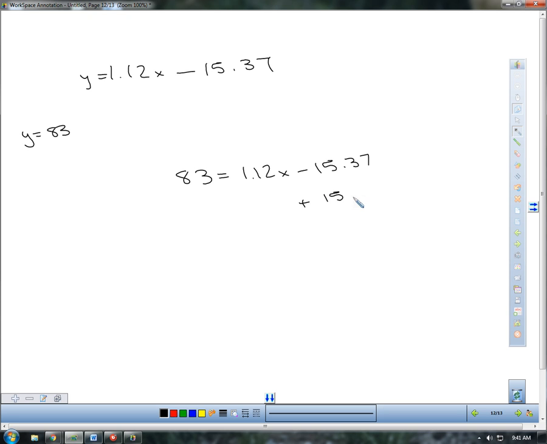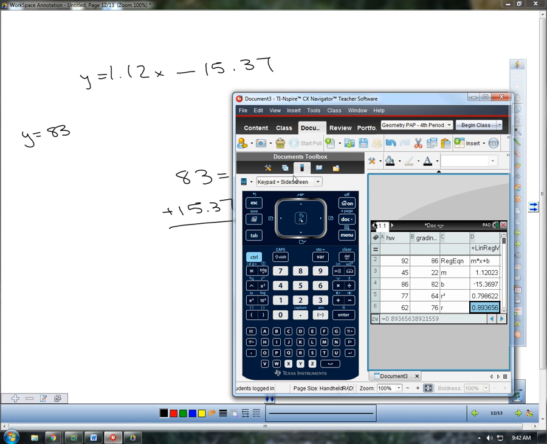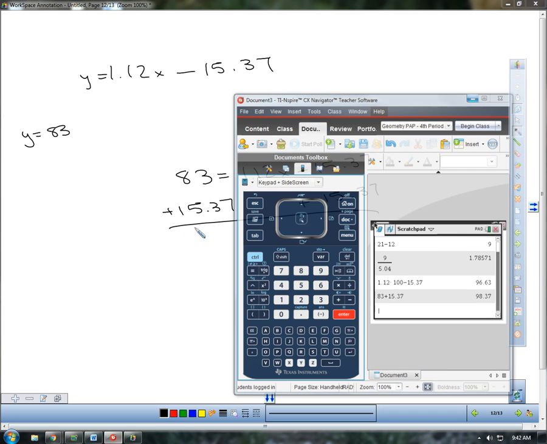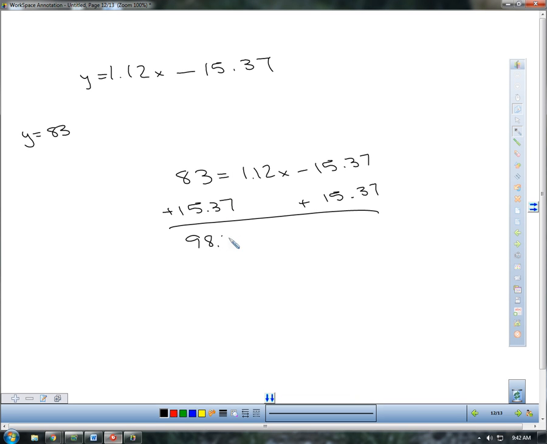So if I add the 15.37, we're solving for x, just like we've been doing since September, folks. Okay? So here we go. 83 plus 15.37 is 98.37. That's equal to 1.12x.